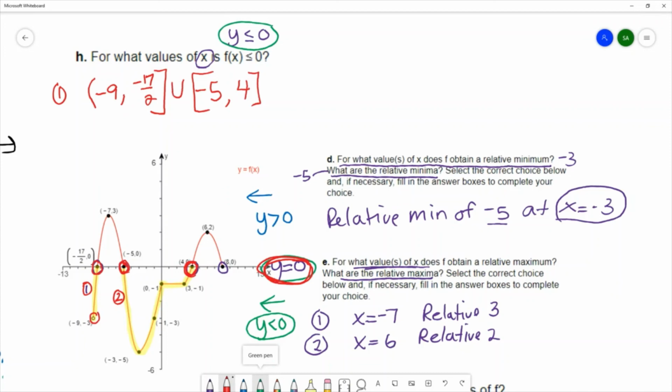And then finally, this last point out here, it's a single point. You don't use interval notation when you have a single point. So I'm just going to list that point by itself and put curly braces on it. And so all of these x values have a y that is less than or equal to 0.